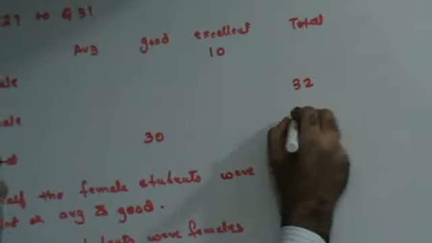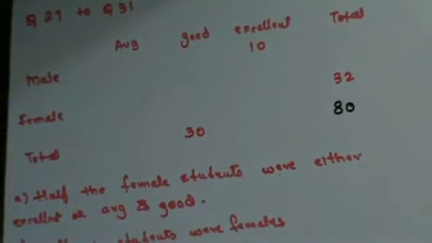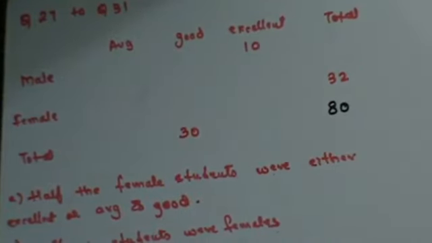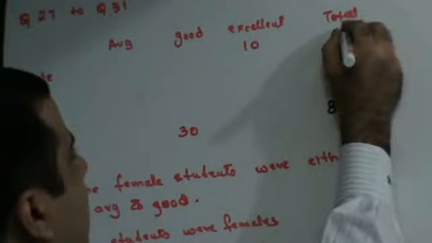We know that the females are 32. That means the total number of students should be 32 into 100 divided by 40, which comes out to 80. So total there are going to be 80 students. If total students are 80 and females are 32, then the males will be 48.